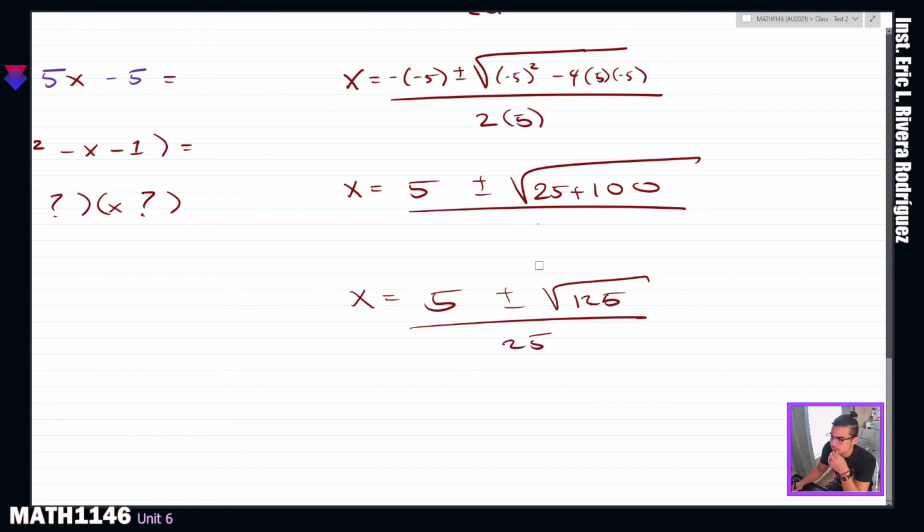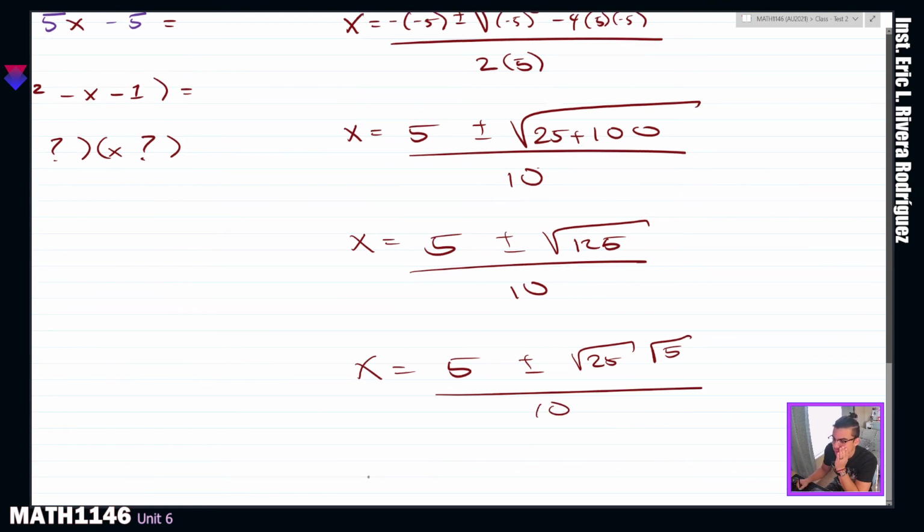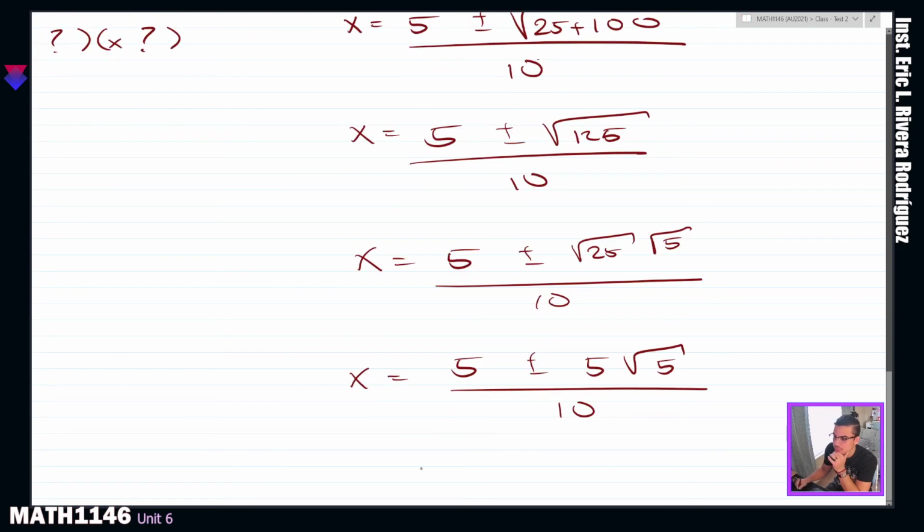This is 10, sorry. So this is going to be 25 times square root of 5, all this over 10. So square root of 25 is 5, all this over 10. We can factor out.